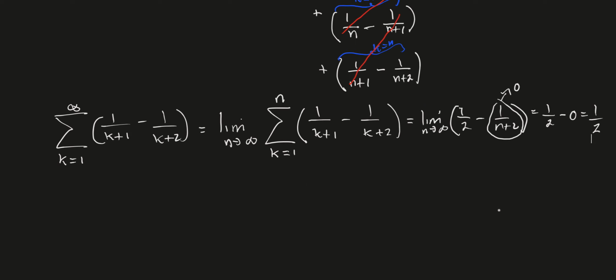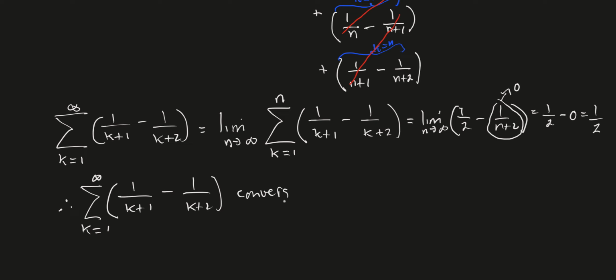So therefore, our series 1 over k plus 1 minus 1 over k plus 2 converges to 1/2, right?